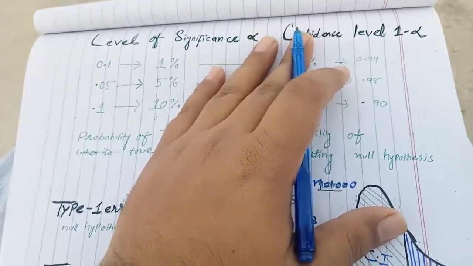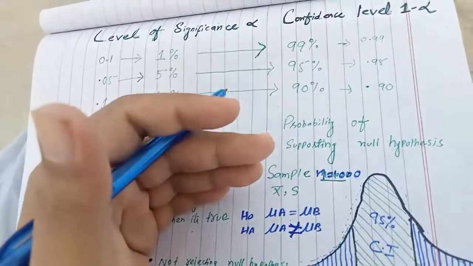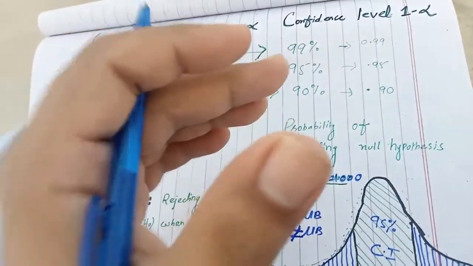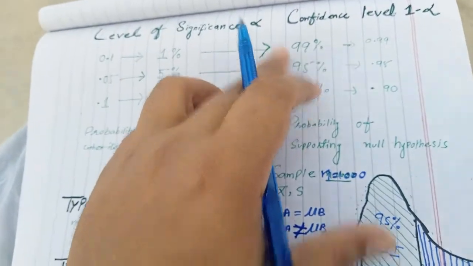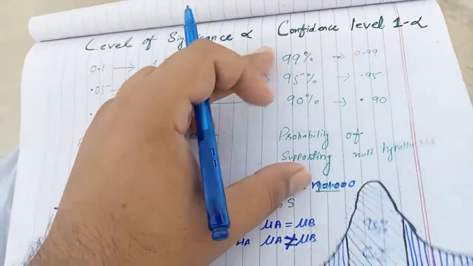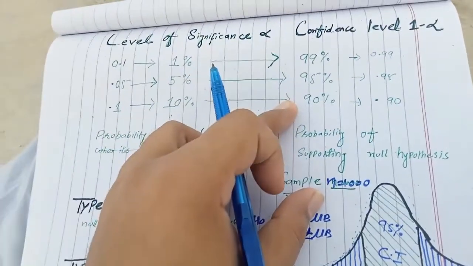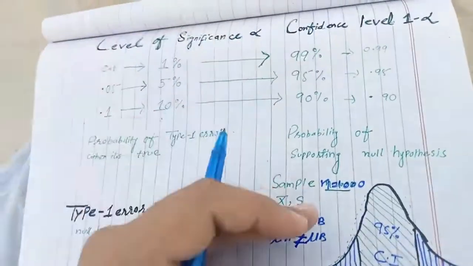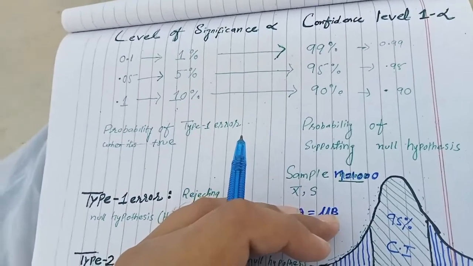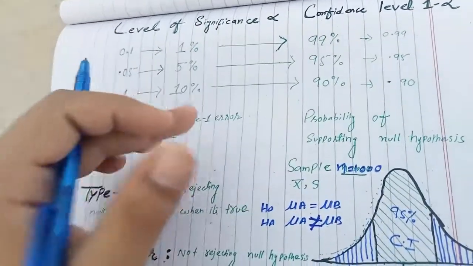The confidence level says with what confidence we are supporting the null hypothesis. With the help of these levels we can show that we are supporting the null hypothesis. And the level of significance says what percentage we are making wrong decisions.